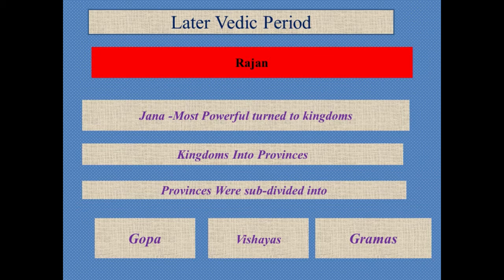Provinces were further divided into three parts: Gopa, Vishaya and Grama. Jana became more powerful and got turned into kingdoms, and each kingdom got transformed into provinces, and all the provinces were subdivided into Gopa, Vishaya and Grama.